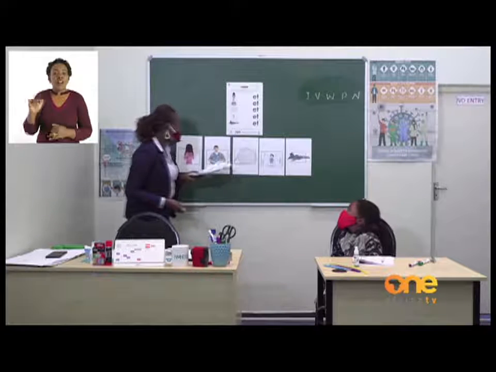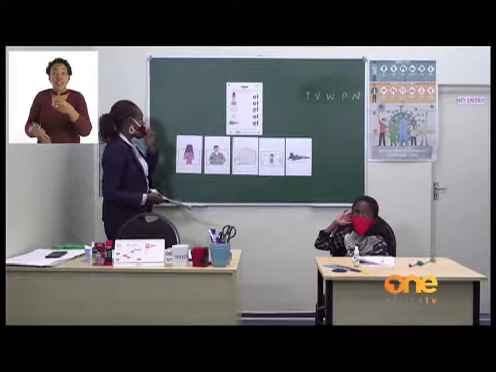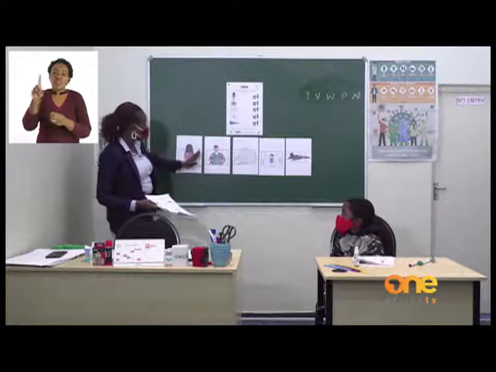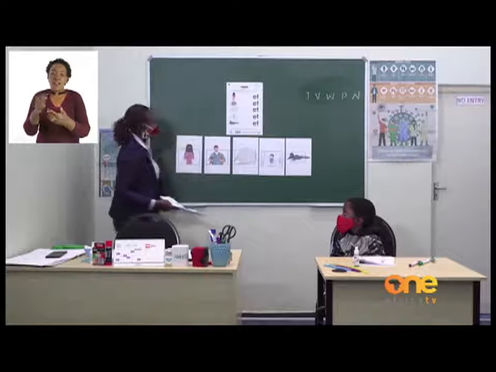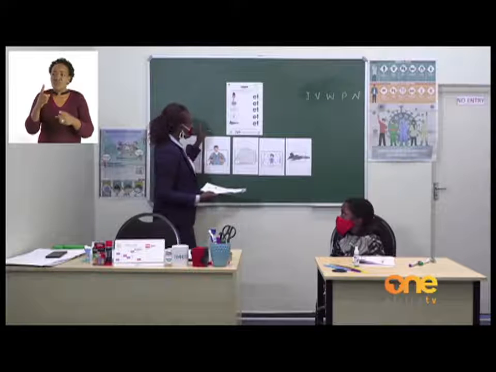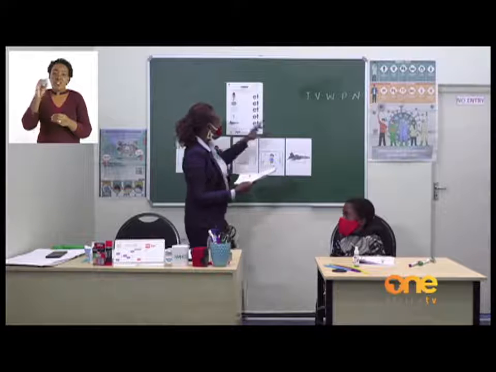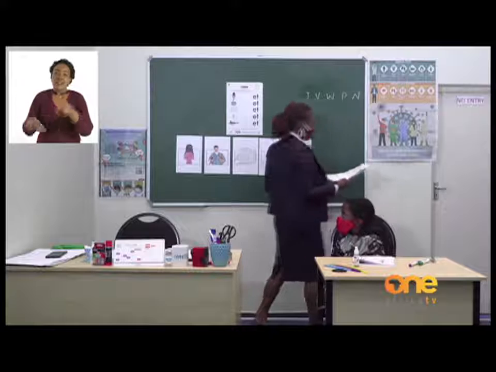So we want to replace the beginning sound to form a new word. As you can see, I have different pictures here. So we want to form words by replacing the beginning sound with one of these letters.